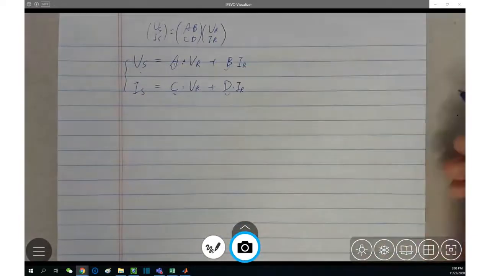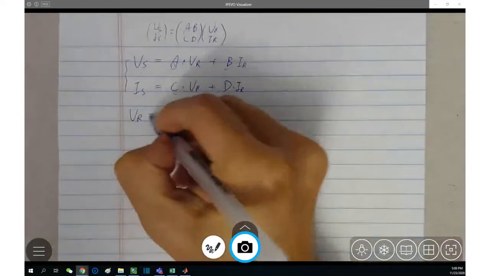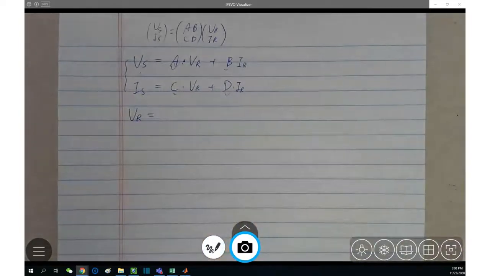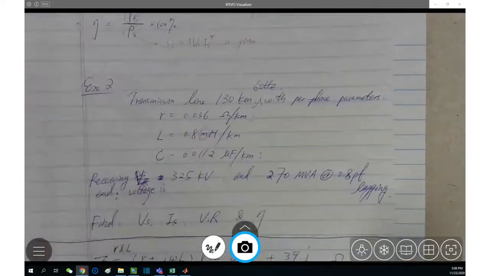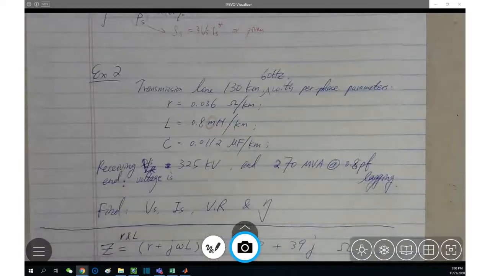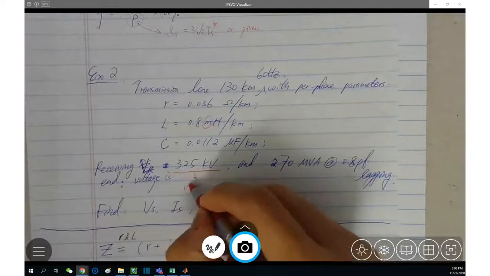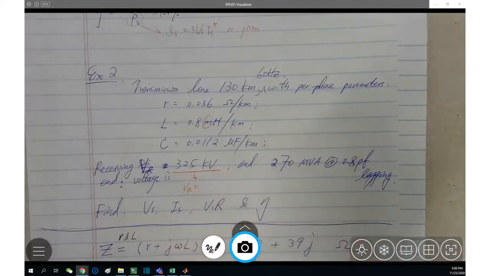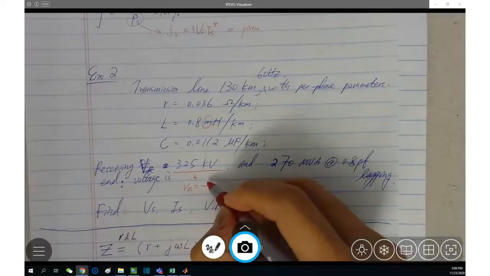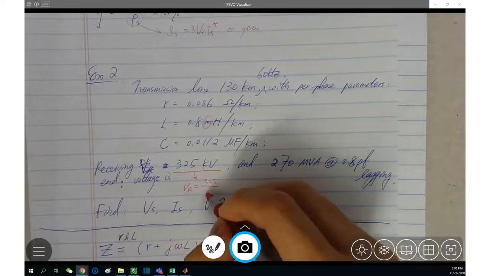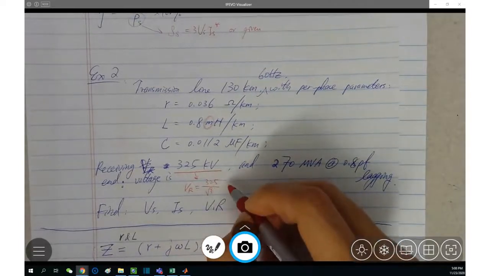VR equals what? Anyone know? VR equals what? From here. Exactly. Very good. 325 divided by square root of 3 kilovolts.